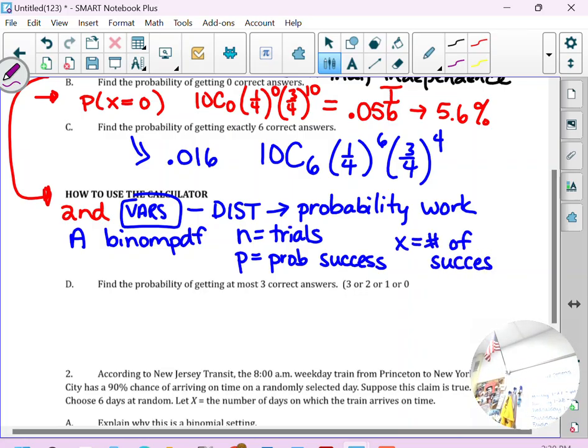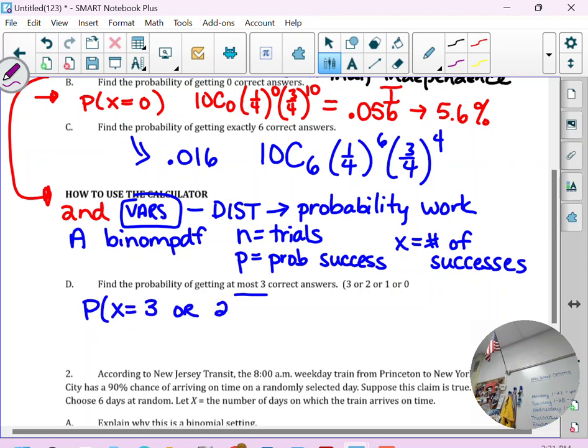Please find for me now, what's the probability in this scenario of getting at most 3 correct answers? So what's the probability that X equals 3 or 2 or 1 or 0? See if you can find that value for me.